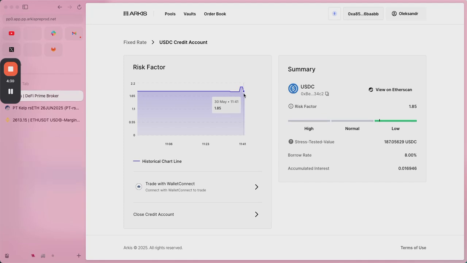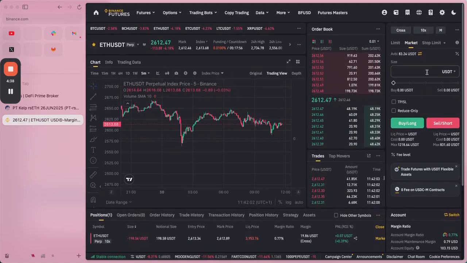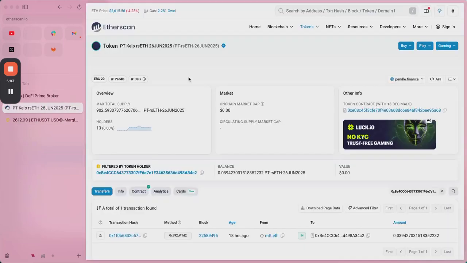short biased. Let's take a look at what happens when we make our position long biased, meaning that in this case we should have a long position in 100 ETH, in 100 USD. So now we would have a long position in Ethereum and also a long position in rsETH relative to USDC.